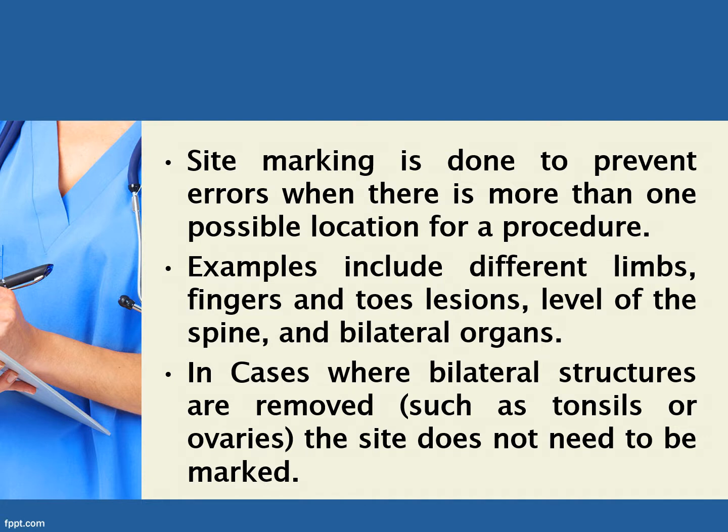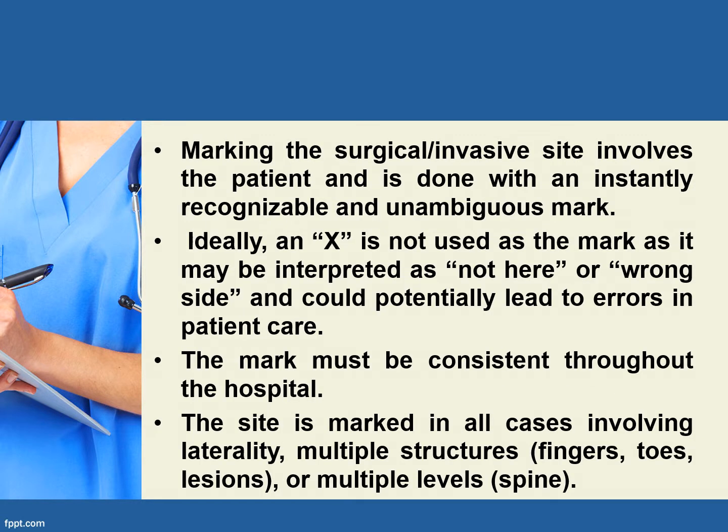If we remove bilateral structures such as tonsils or ovaries, no need to mark. Marking should involve the patient and is done with an agreed upon mark. Don't use an X mark.